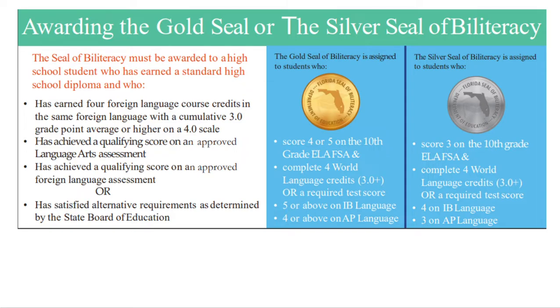This is really an incentive for students to have a focus, an area of concentration in the foreign languages. The requirements are here for the gold seal and for the silver seal. And really it's demonstrating through these requirements mastery of reading, writing, and speaking a foreign language. So these are the requirements there.